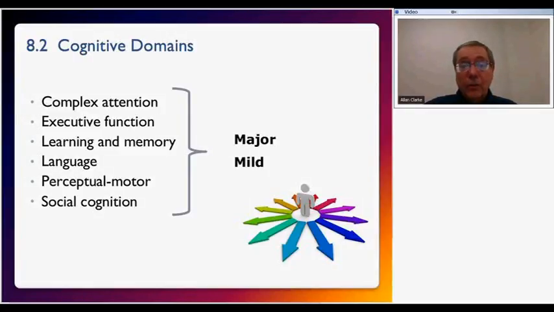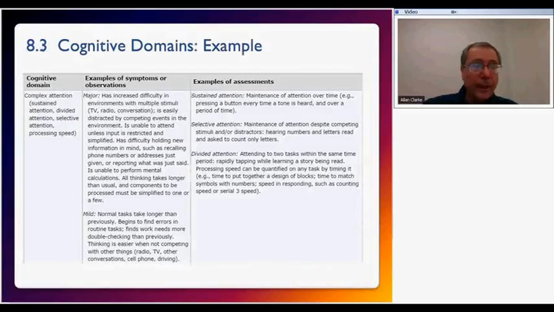You're looking for cognitive impairment along these domains. Now the DSM provides you with a chart for that, and again, it gives you some very good specific examples. I've just cut out a piece of it here for the domain of complex attention. It describes the symptoms that you would observe and gives you examples of how you would assess for that.